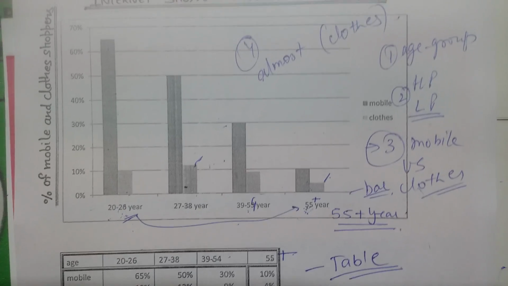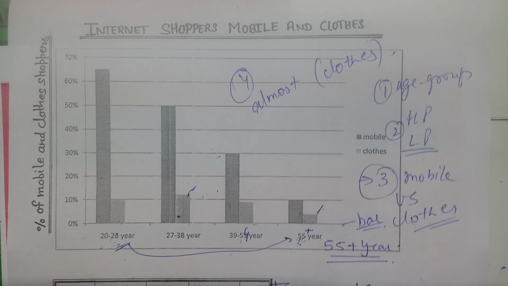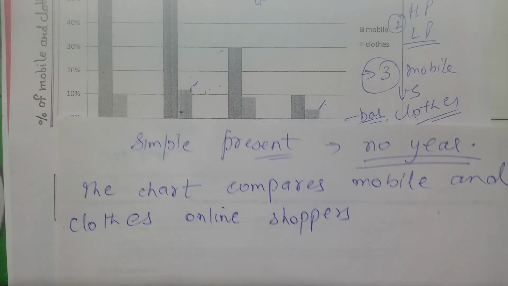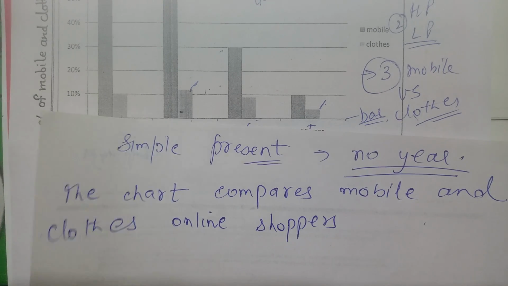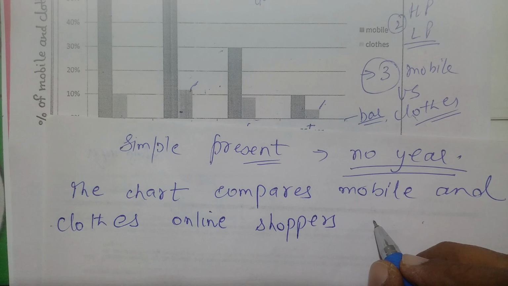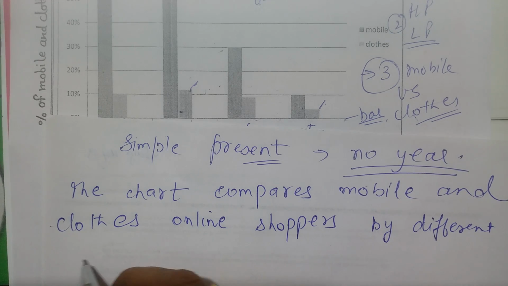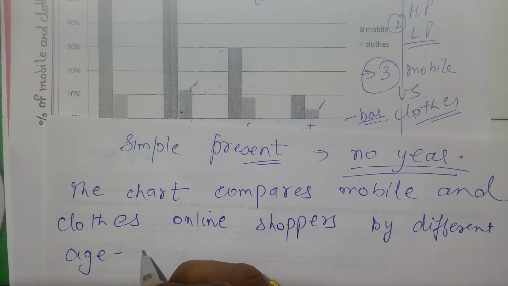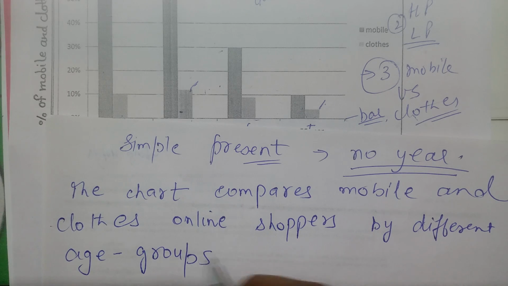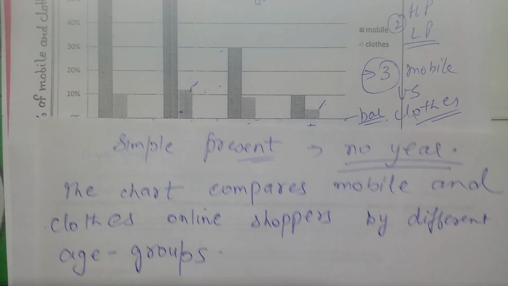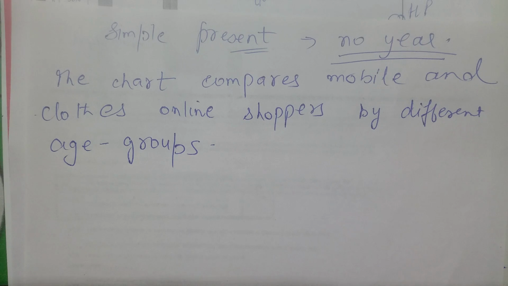We can say online shoppers, right? Or we can say internet shoppers. So better you use any word according to you, by different age groups. So this is a very short introduction, you can make your own please.